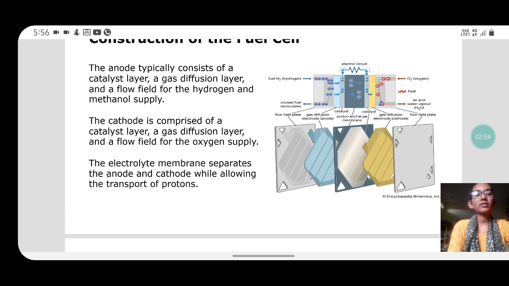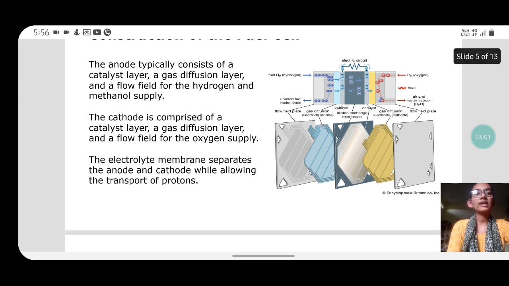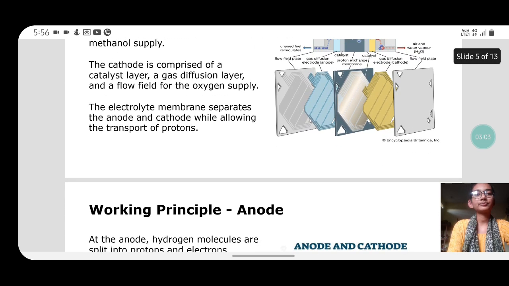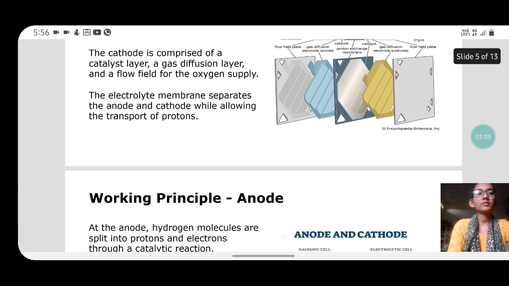Whereas the anode has hydrogen and methanol supply, the cathode has only oxygen supply. The electrolyte membrane separates the anode and cathode while allowing the transport of protons.